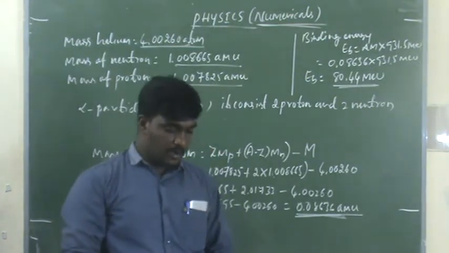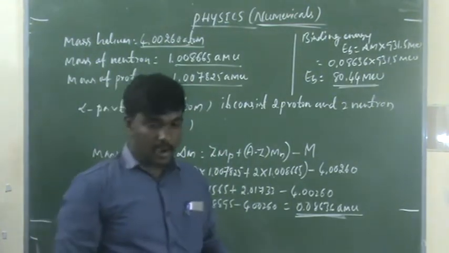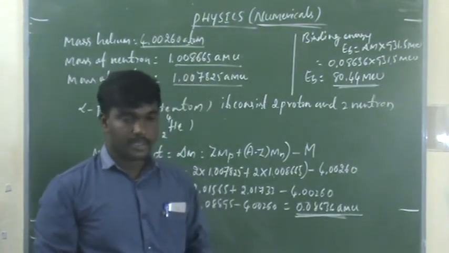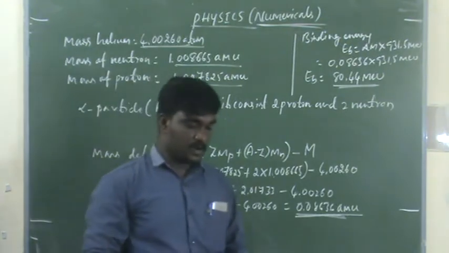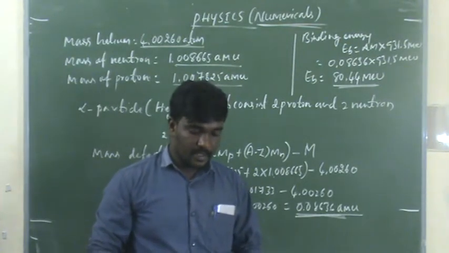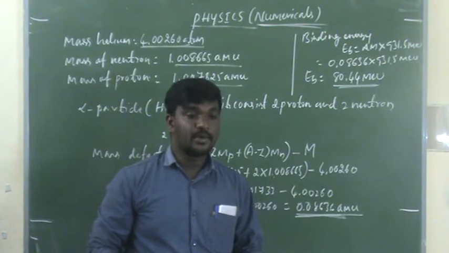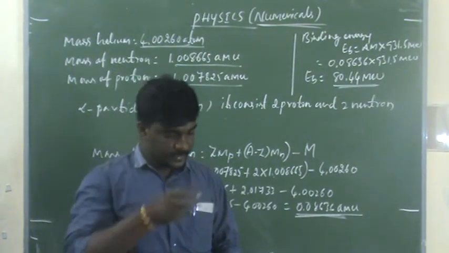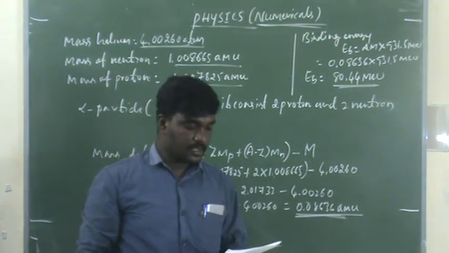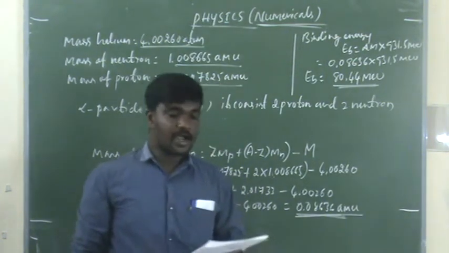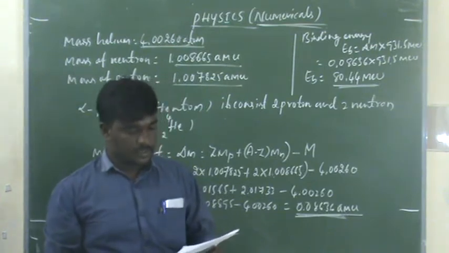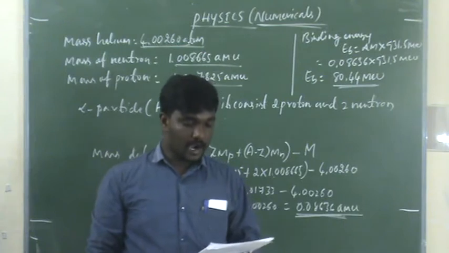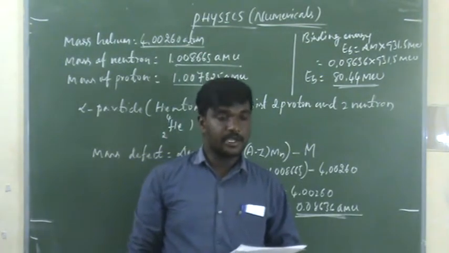A given coin has a mass of 3 gram. Calculate the nuclear energy that would be required to separate all the neutrons and protons from each other.